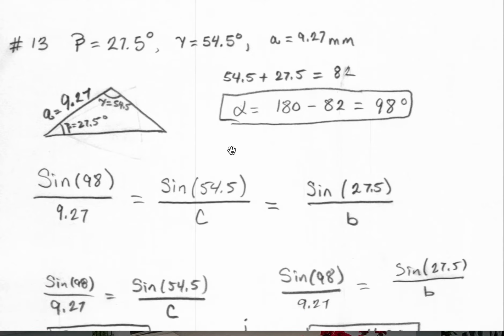Practice problem number 13 asks us to solve for the triangle. So what solve means is I find all three angles and I find all three sides. And we're given one angle, angle beta, 27.5 degrees, and we're given angle gamma, 54.5 degrees, and we're given a side, which is 9.27 millimeters.